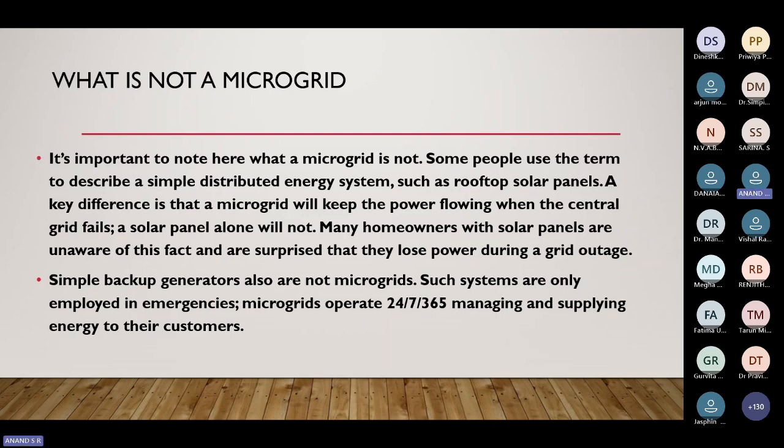There can be cases where this particular area can sustain an outage from the power system, but that cannot be a microgrid, because a microgrid needs to have a control. A single solar panel or a small number of consumers having solar panels cannot be considered as a microgrid. Then other small generators, say some of the industries, for example in Kerala, we have the Cochin refineries.